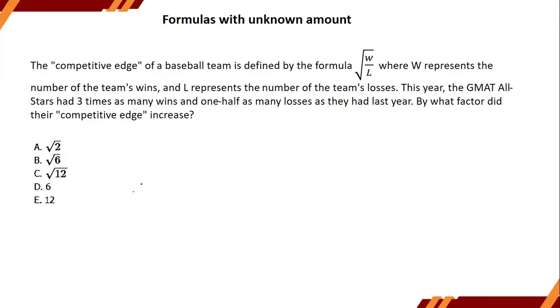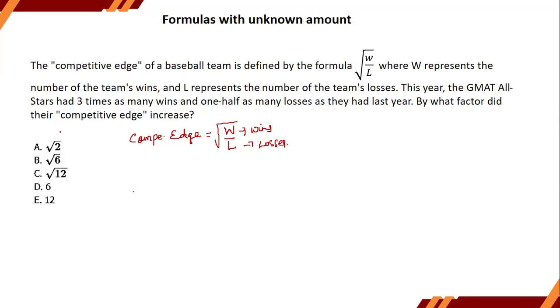All right, so again, this is a formula question and the formula is given about the competitive edge. So competitive edge is defined by root of W by L, and W represents the number of wins and L represents the number of losses.